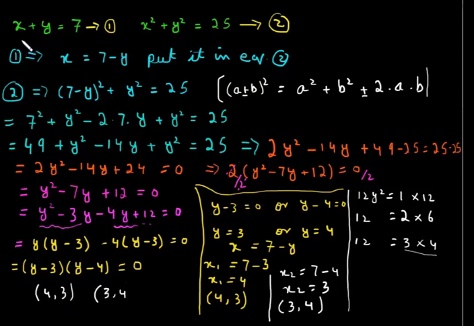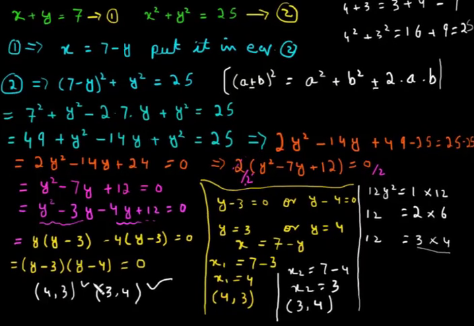It also satisfies the equations. If we want to check, 4 plus 3 is equal to 3 plus 4 is equal to 7, so this has been satisfied. And substituting these values in the other one gives 4 squared plus 3 squared, that is 16 plus 9 is equal to 25. So yes, these are the true values for x and y.